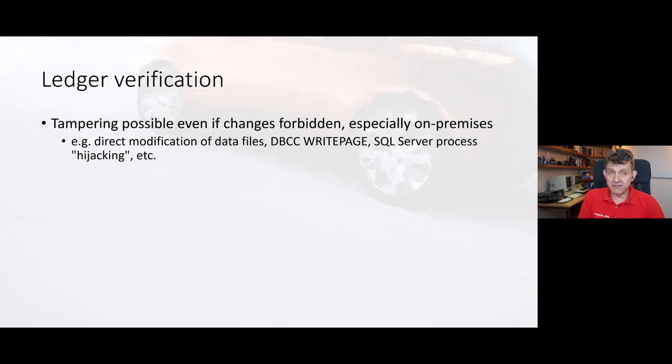I hope I have enough time to run the demo. You change the data with DBCC WRITEPAGE on premises. And then there is also the possibility that through some bugs, someone is able to hijack the process and can, in the end, tamper the data, although it's forbidden. So exploiting a bug or something like this. So there are many cases where tampering can occur.